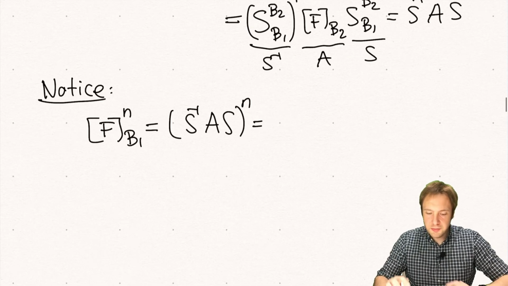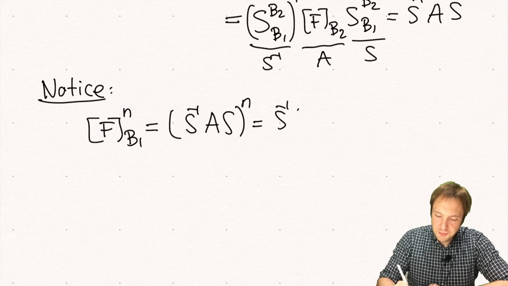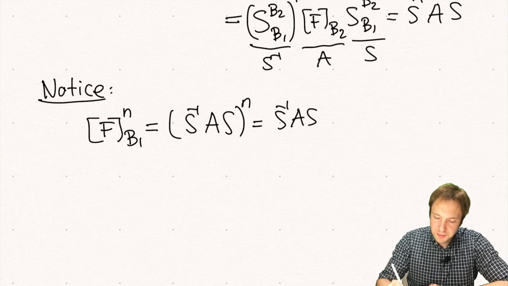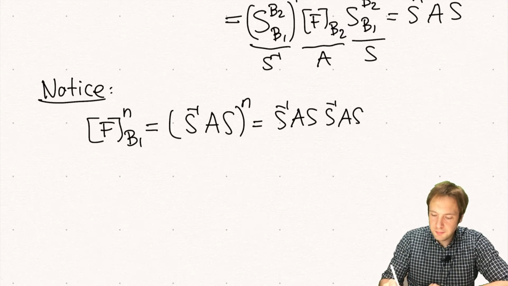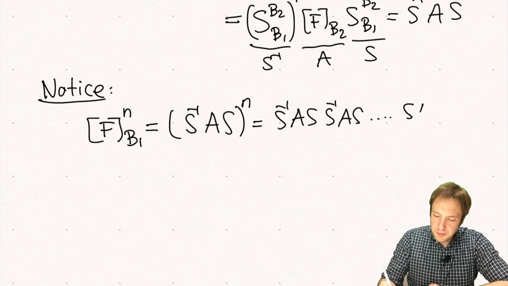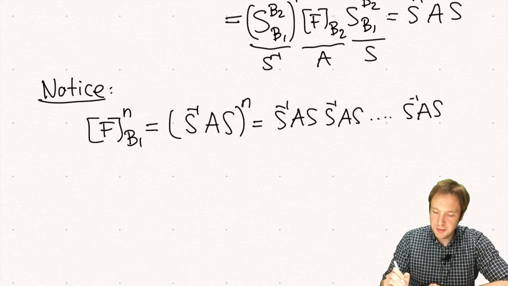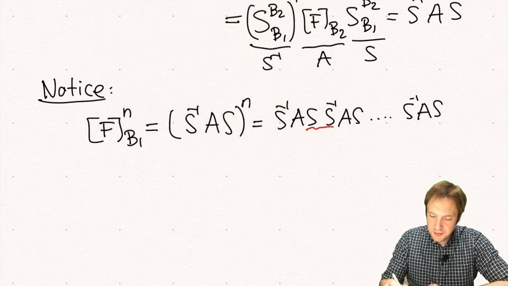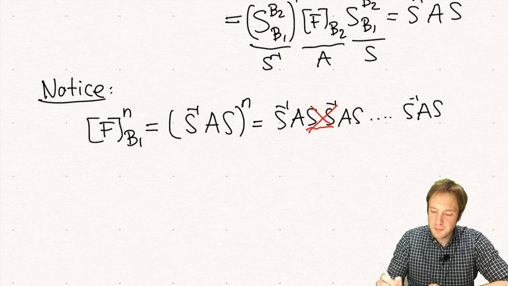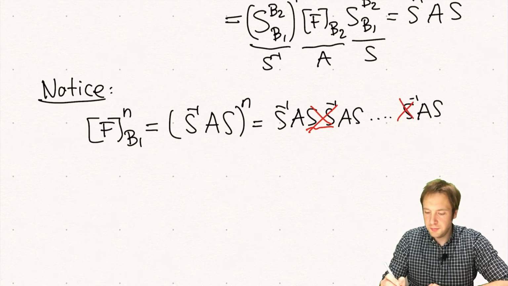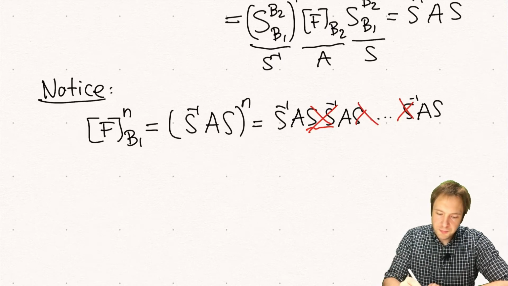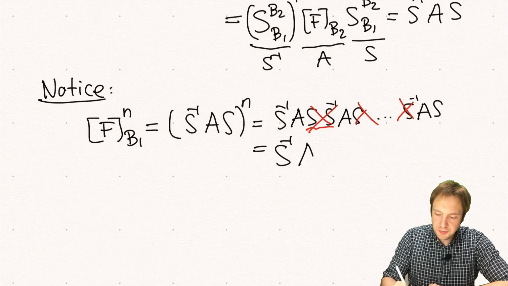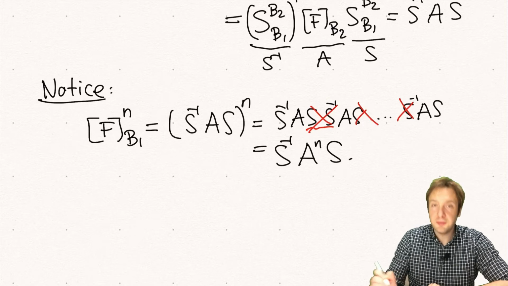If I write this out, this is just S inverse A S one time, S inverse A S second time, up to S inverse A S. And here you see that these S and S inverse give the identity matrix, so these cancel out. So in the end, I will just have S inverse A to the power of n times S.